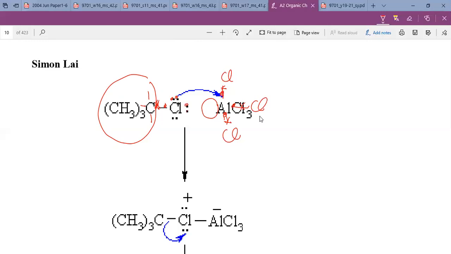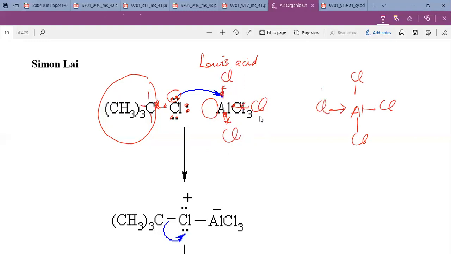Chlorine originally has 7 electrons. What happens is that a lone pair, any pair from here or here, goes to the AlCl3, the halogen carrier. This is a Lewis acid, accepting the lone pair to become AlCl4. What kind of bond will this form? A dative bond.